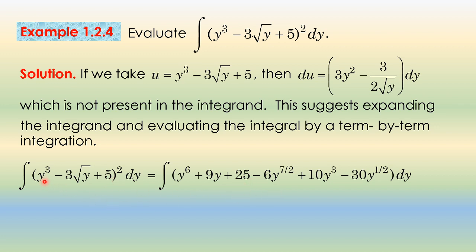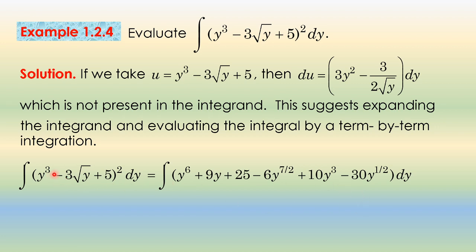The next term is obtained by multiplying the first term and the second term, then times 2. So getting negative 6y to the 7 halves, since square root of y means y to the 1 half, times y cubed, that is y to the 7 halves.